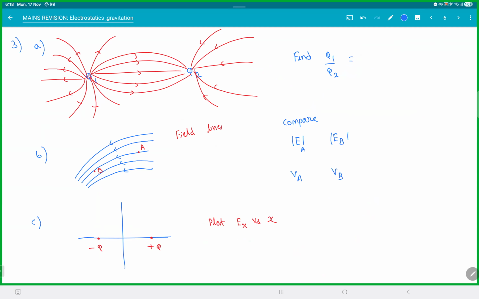V is the potential, E is the electric field. Ex is the electric field on the x-axis.